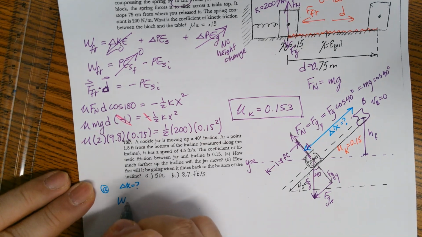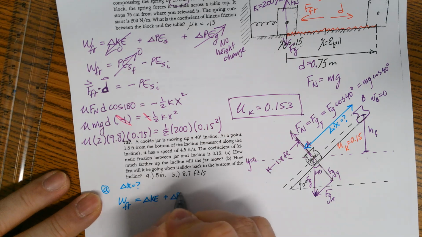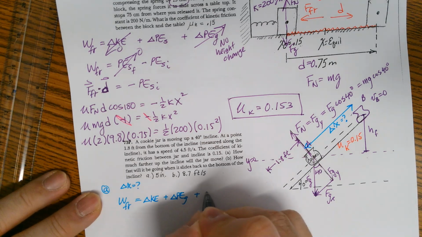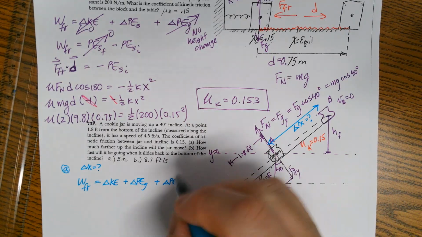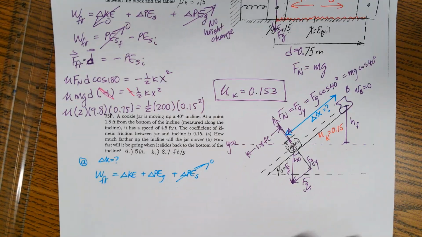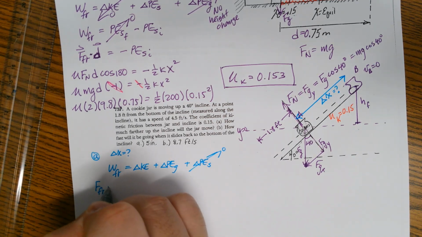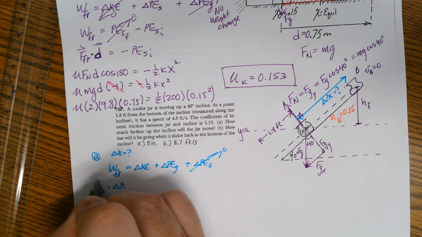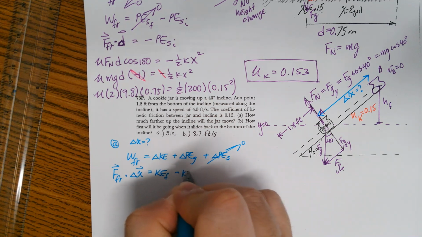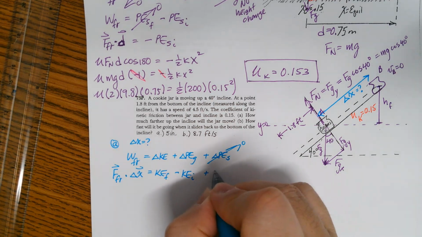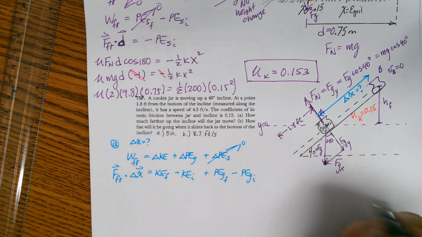We know there's work done by friction. Therefore, it is change in kinetic energy plus change in gravitational potential energy plus change in spring potential energy. There's no spring here whatsoever, so I'm going to just cross that out. So here, work done by friction is F friction dot delta x, and that is equal to kinetic energy final minus kinetic energy initial plus gravitational potential energy final minus gravitational potential energy initial.